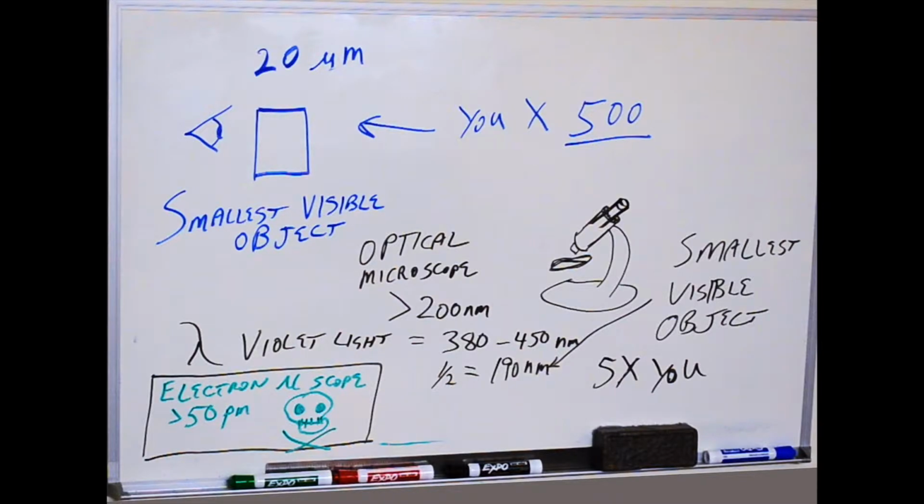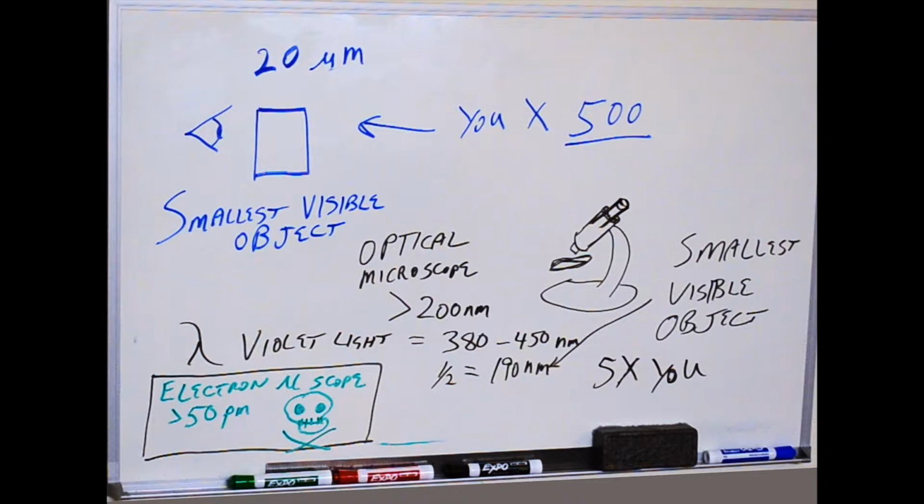So how about an optical microscope? Surely you can be seen there, right? No, even there you would not be discernible, because an optical microscope requires optical light, and the shortest wavelength for visible light is in the violet range, and violet runs from 380 to 450 nanometers.